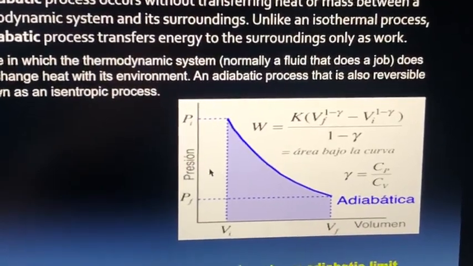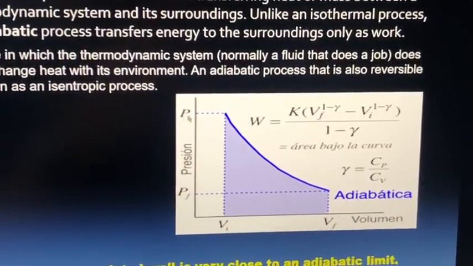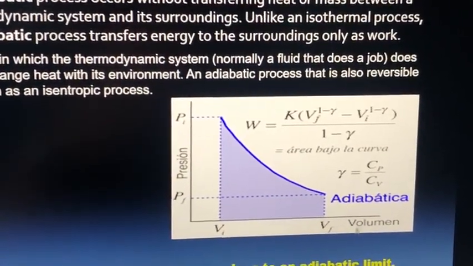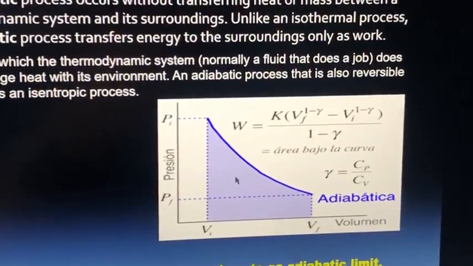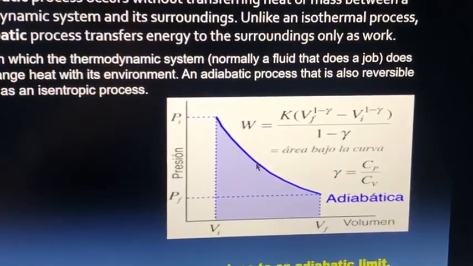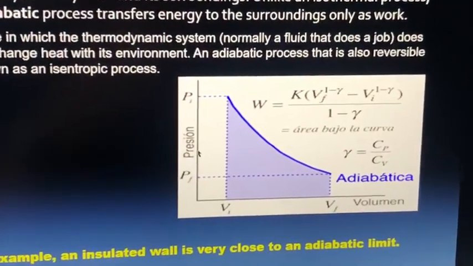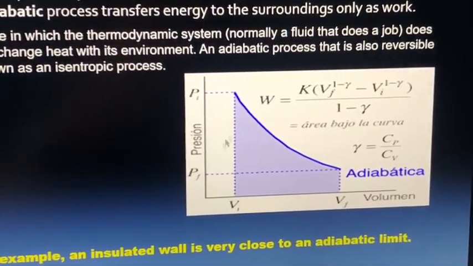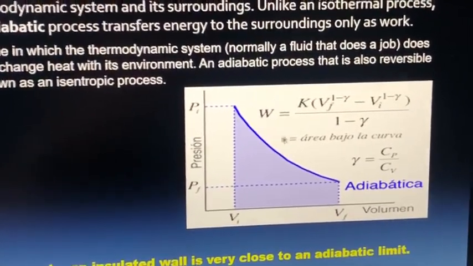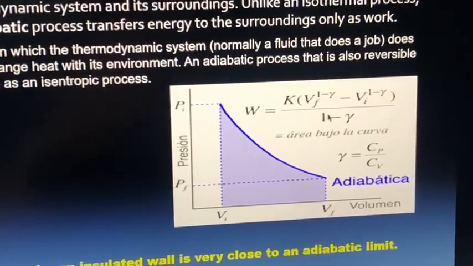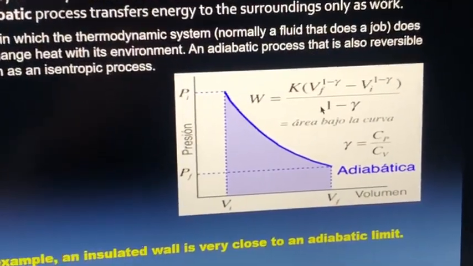So with less pressure and more volume, the temperature is going to decrease. If the temperature is hot, when the piston is pulled out, because it has less pressure and more volume, the temperature is going to pass from hot to cool.